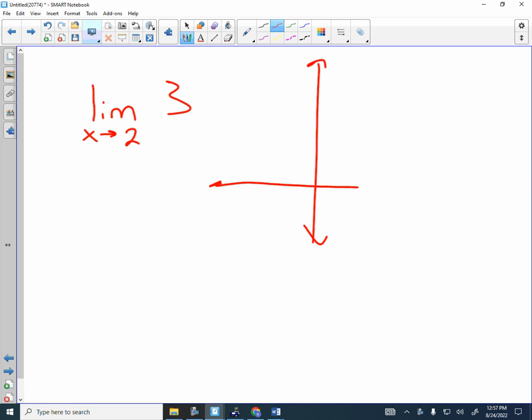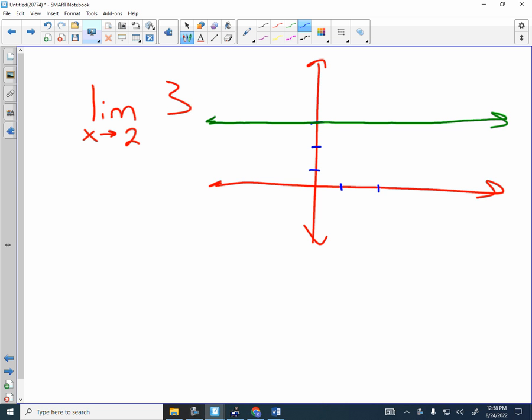What does the function 3 look like? A horizontal line that passes through 3. Does everybody agree that this is the graph of 3?